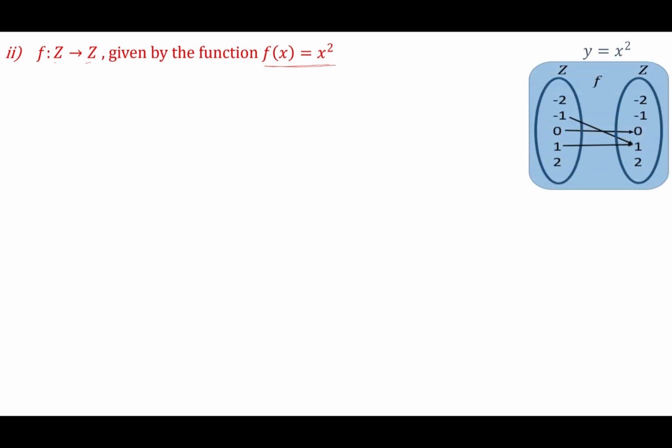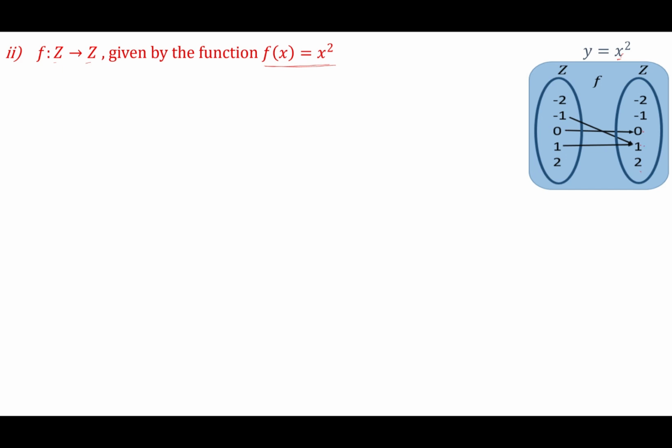This is the function y is equal to x squared. Integers to integers. If I plug in any integer, for example -2 in x, -2 to the power 2 is nothing but 4. So it has an image. Now, if I plug in -1, I'm getting 1. If I plug in 0, I got 0. If I plug in 1, I got 1.